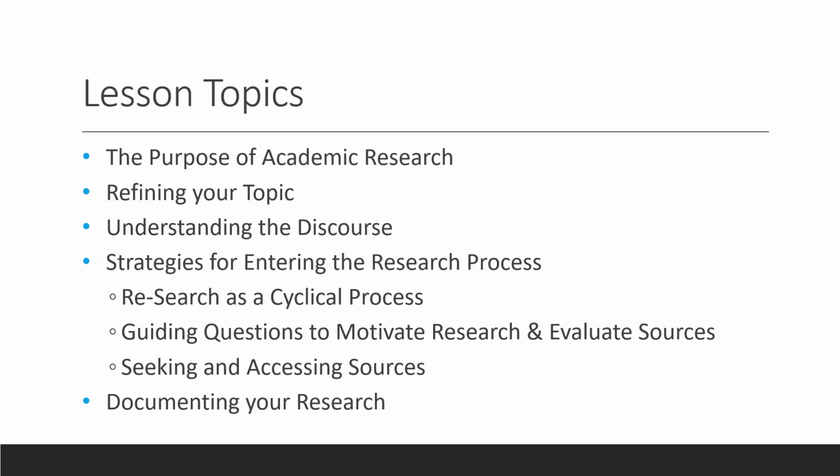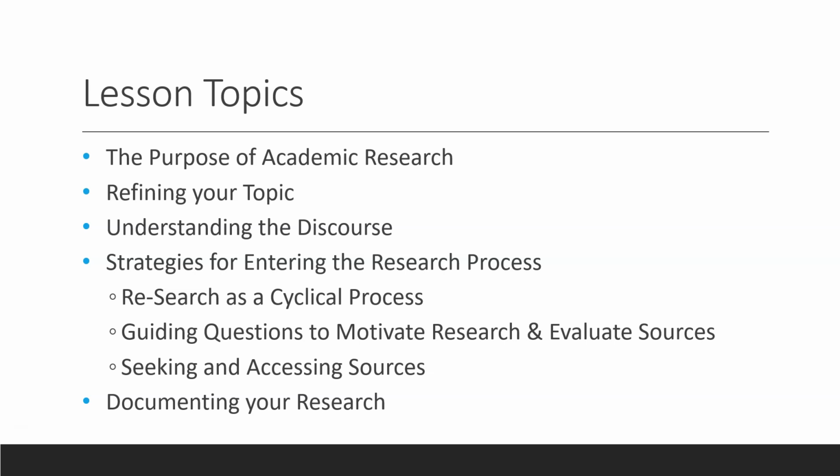first of all, the purpose of academic research, some guidance for refining your topic, understanding the discourse surrounding your topic, which will be different for everybody, and strategies for entering into the research process, specifically focusing on the idea that research is a cyclical process.